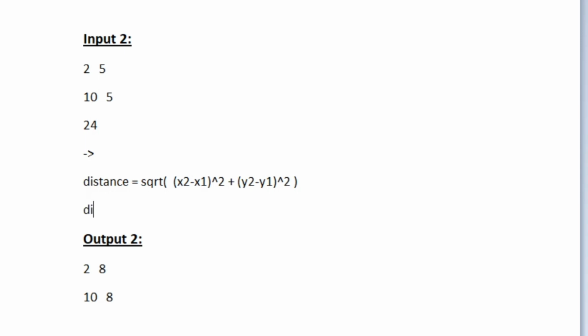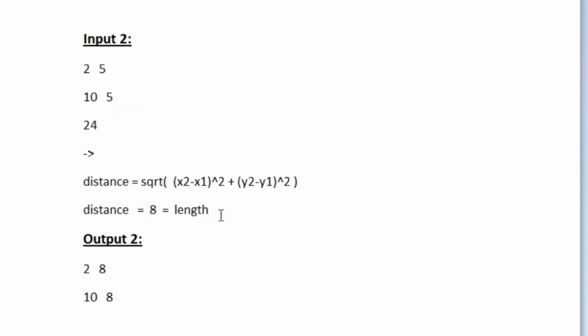So after calculating the value, we will be getting the distance is equal to 8, which is nothing but the length of the rectangle. So the length of the rectangle is 8, and we also know the area of the rectangle is 24. So using these two values, we can calculate the breadth of the rectangle. So length into breadth is equal to area. So we know the length and area.